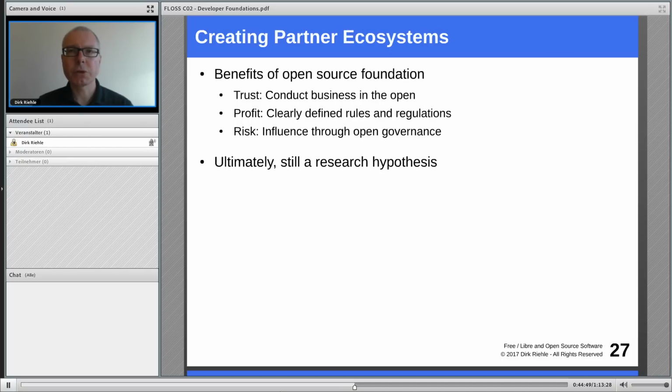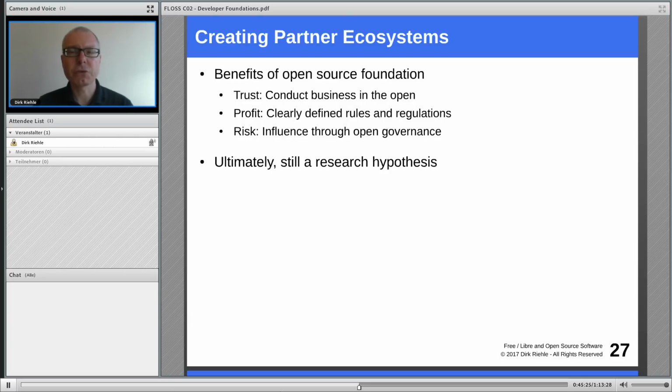Well, the proposed hypothesis here, because we don't really know yet whether it's true, it's research that needs to be done, is, well, maybe creating an open source foundation is the perfect way to address these issues of trust, profit, and risk. Because, well, as part of an open source foundation, you are establishing a publicly visible track record of conducting your business around the software in the open. So you do create trust visibly over time, documented on the internet.